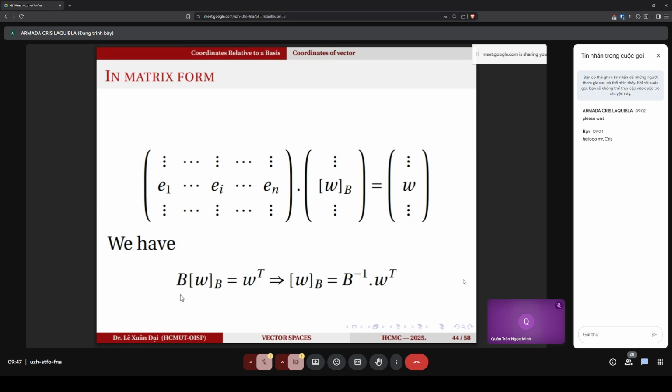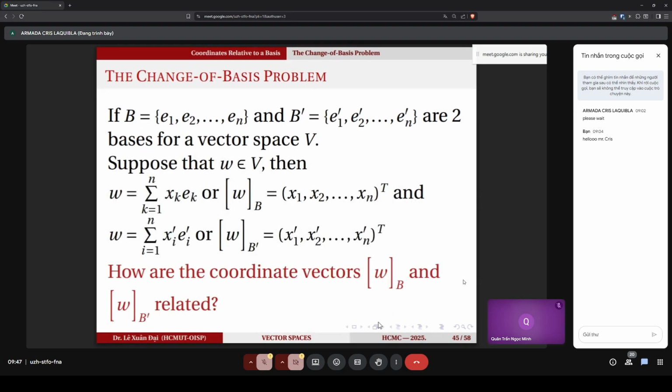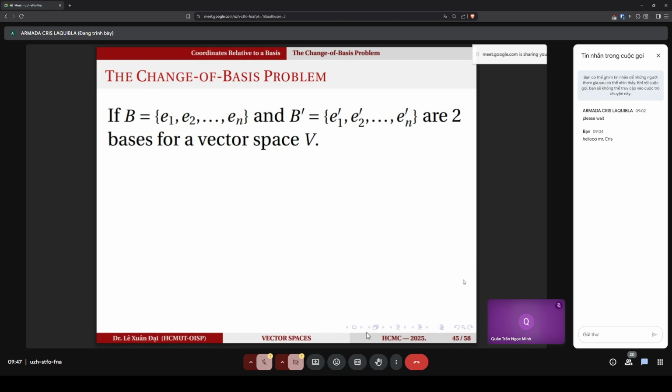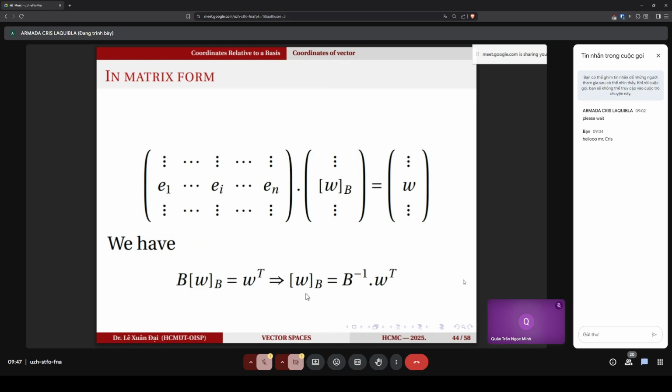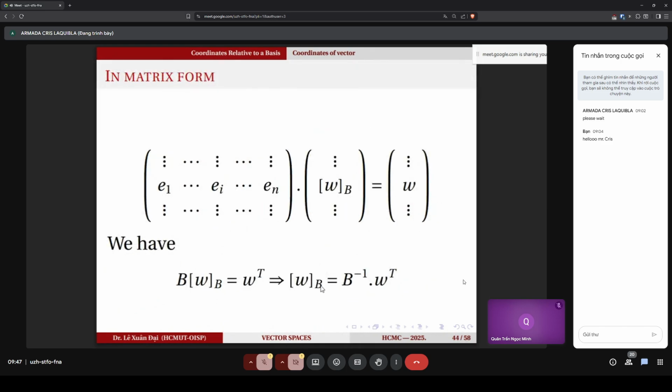Then transfer the B to the other side so we can use B inverse times the W. Again, we can use this in solving your WB. This is WS, right? If this is S now, this is S inverse times W transpose.